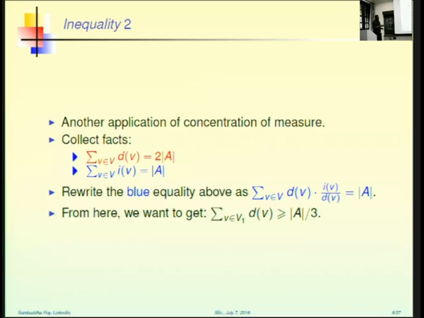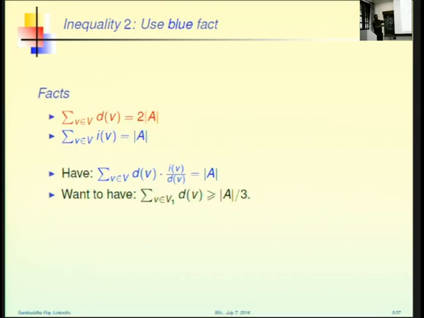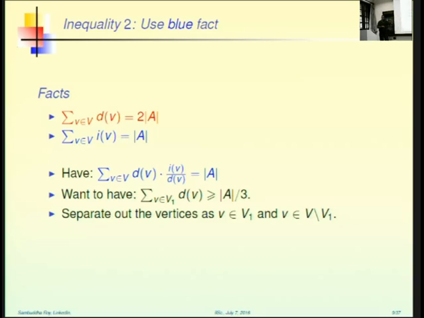So I am not going to go through this; one can try it out. The idea is very similar. Like there we separated out xi at least half and xi less than half. Here the separation is given to you. The separation is right here: V in V1 or V in V minus V1.